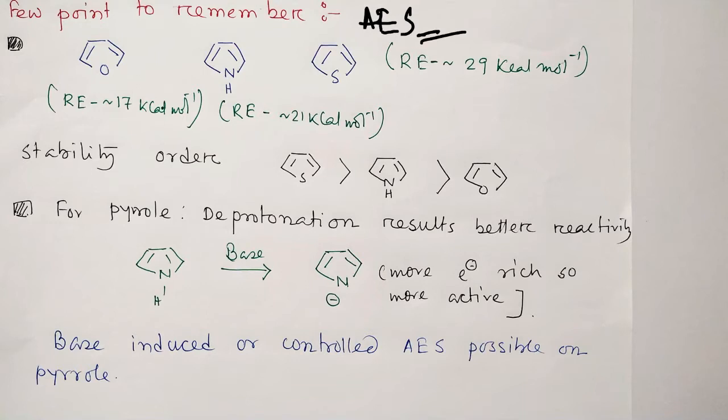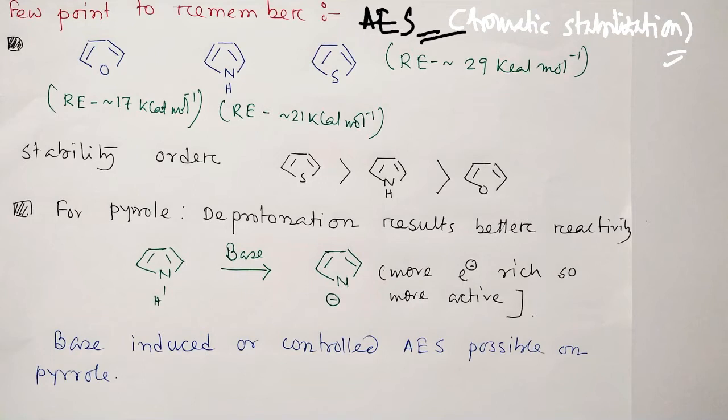For that purpose, we need to understand the resonance energy, better to say aromatic stabilization energy. Generally we consider that a molecule, if it is more stabilized, is less reactive, but this is a general statement. Some other factors are also responsible. Okay, we will learn slowly.